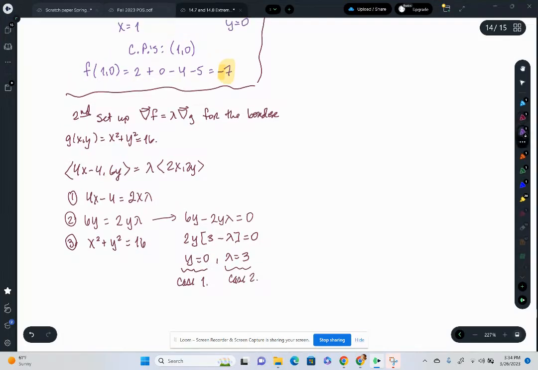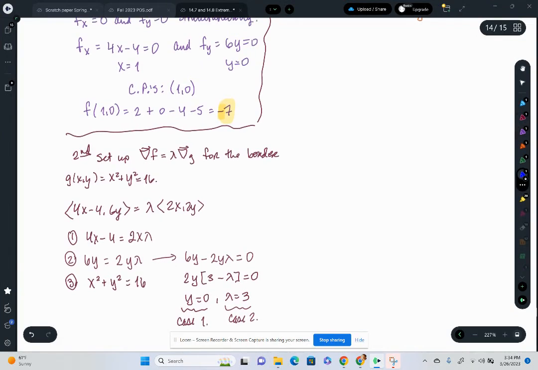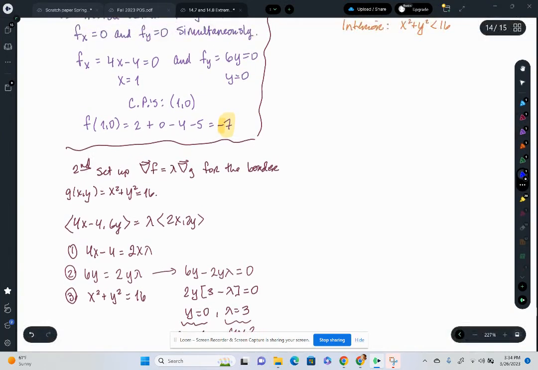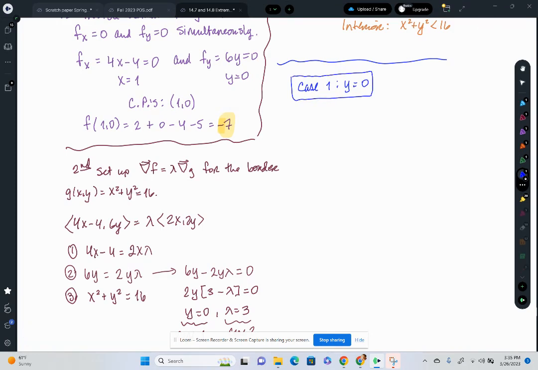All right, now I'm going to go up here and start examining case 1 and case 2. So case 1 is where y is 0. Okay, if y is 0, then in 3, I have x squared plus 0 squared equals 16.